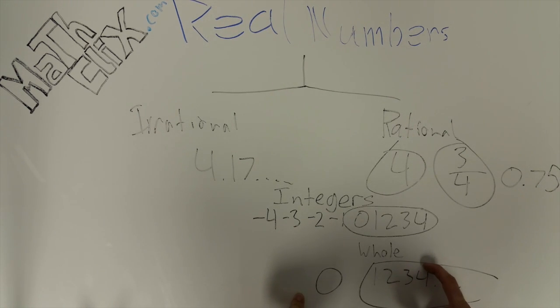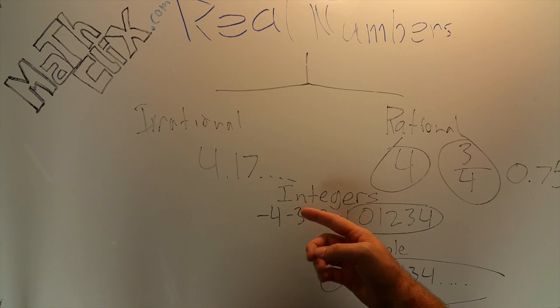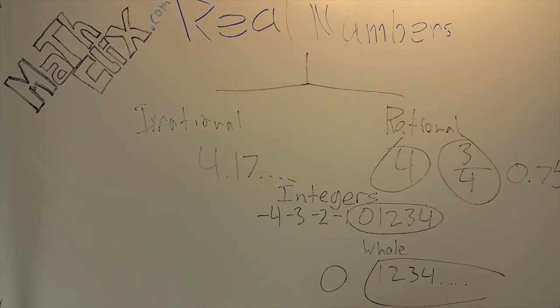And 1, 2, 3, 4 are called whole numbers, along with 0. And since it's natural to count goats with 1, 2, 3, 4, we call these the natural numbers.